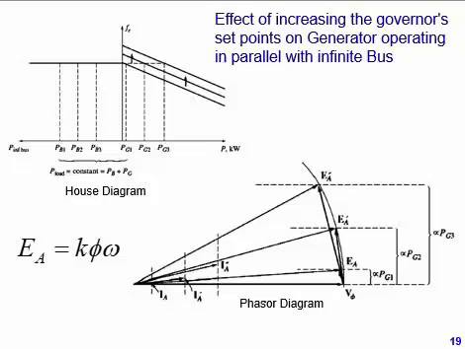In the second diagram, it is seen that the effect of increasing the governor's set point on a generator operating in parallel with an infinite bus. In this case, the internal voltage EA is the same.